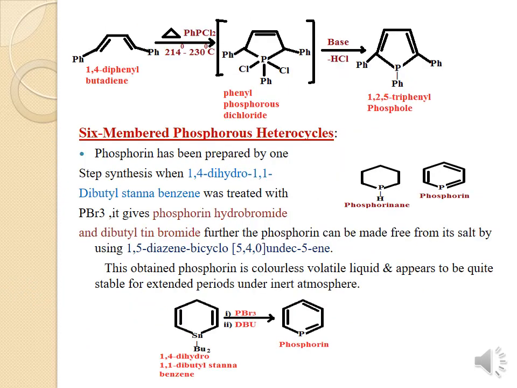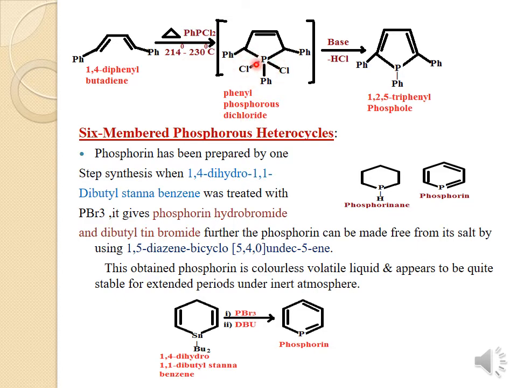So here comes that reaction. You are taking the 1,4-diphenyl butadiene structure, numbered 1, 2, 3, 4, and upon heating and treatment with the phosphine chlorides at 214 to 230 degrees Celsius, first an adduct forms with the phenyl phosphorus dichloride.